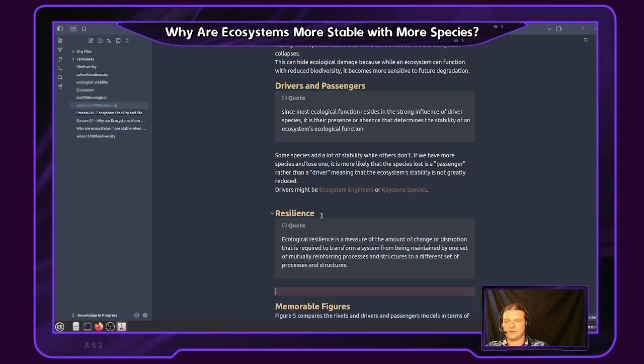Okay, so we should probably go back to ecosystem stability and tie this in, right? So this is the amount of disruption that is needed to change the processes and structures. So that's pretty much one ecosystem type to another ecosystem type.